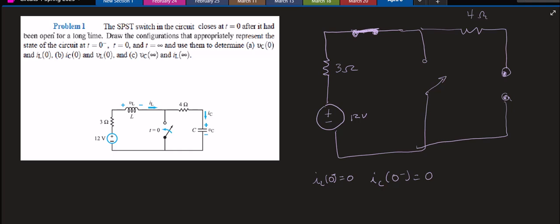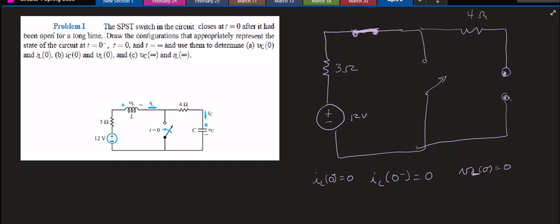Okay, well, how about the voltage? Just because the current is 0 does not mean the voltage is 0. Well, for the inductor, the voltage is 0. That's VL of 0 minus is 0 because it's acting as a straight wire and there's no current going through it.